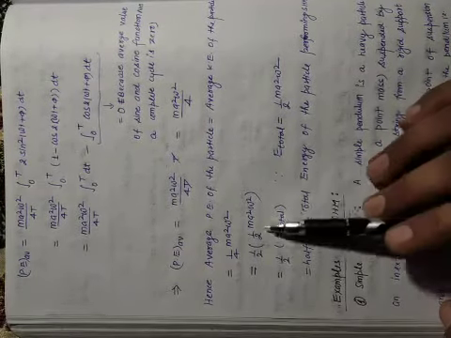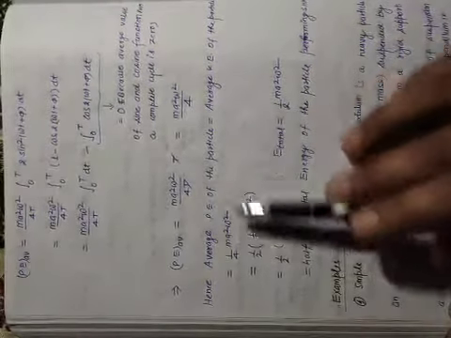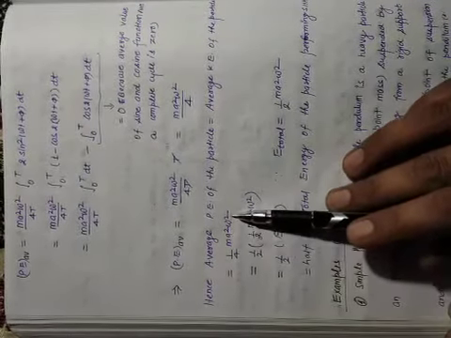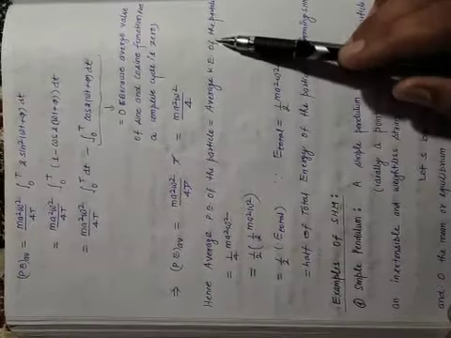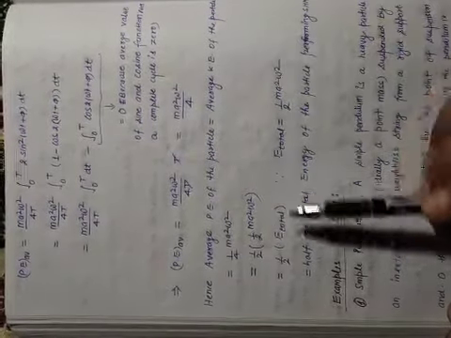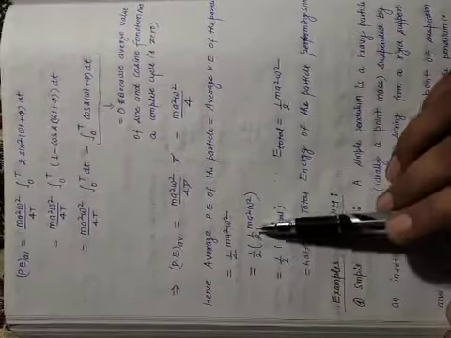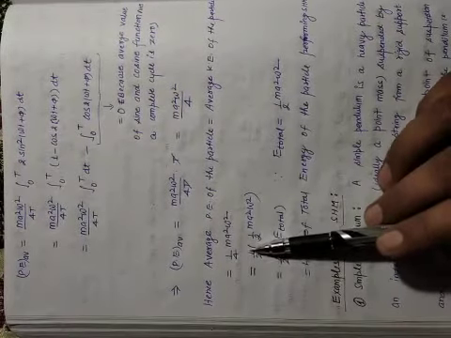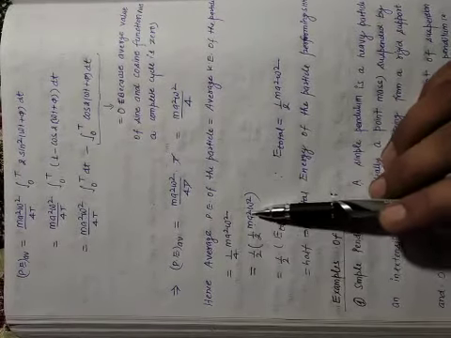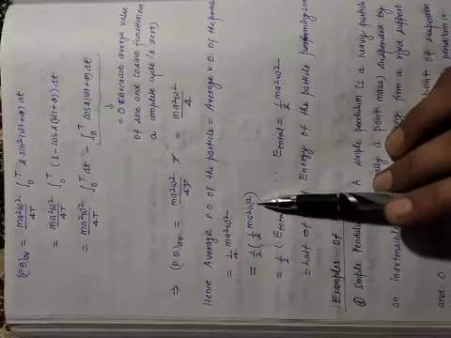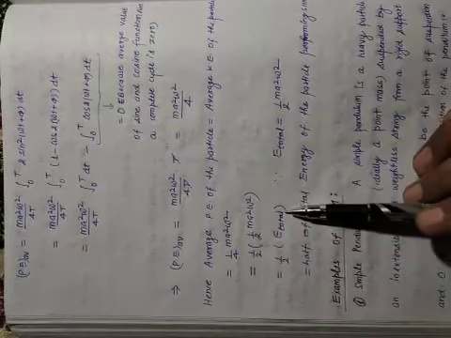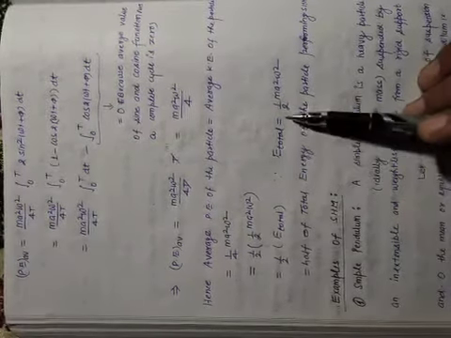So this can be written as ma square omega square over 4, which is the average potential energy and also the average kinetic energy of the particle, and which can be written as half of half ma square omega square, which is the total energy of the simple harmonic oscillator. So this is half of the total energy.